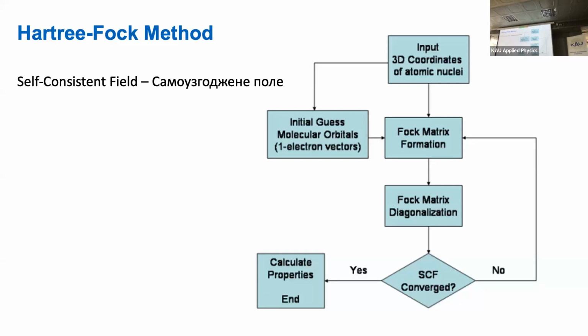We take a unit cell with a few atoms and input the coordinates of these atoms. Then we should make some initial guess for molecular orbitals. We can just take hydrogen atomic orbitals and combine them in a linear way, a linear combination of atomic orbitals.